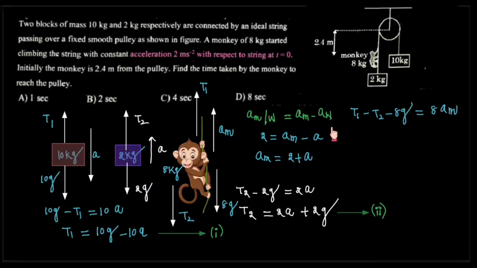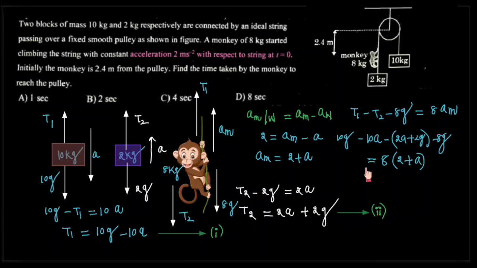We know T1 here, which is 10g minus 10a, minus T2 which can be written as minus 2a minus 2g, minus 8g. So T1 is 10g minus 10a, minus of 2a plus 2g, minus 8g, which will be equal to 8 of 2 plus a.